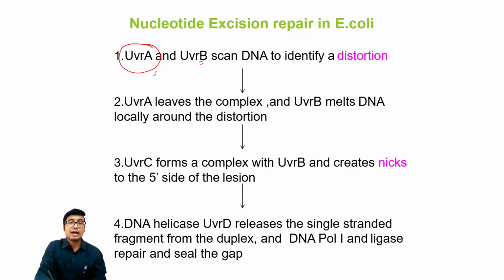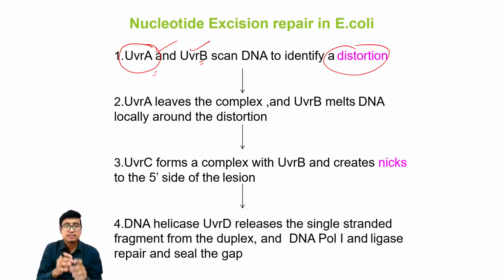At first, UVRA and UVRB form a complex, and it scans the DNA to identify the distortion. So what is the purpose of UVRA and B? It first forms a complex and scans.